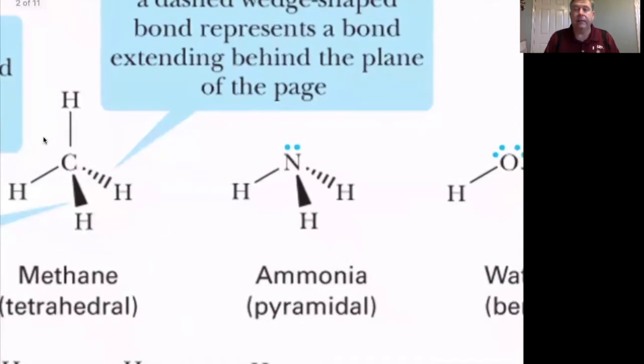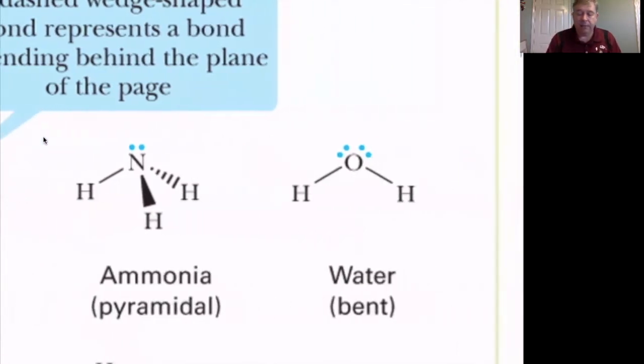But if we look at the electrons in ammonia, the electrons are still in a tetrahedral shape, but the bonds make a pyramidal shape. And if we look at the electrons in water, the electrons are in a tetrahedral shape, but the bonds make it a bent shape.